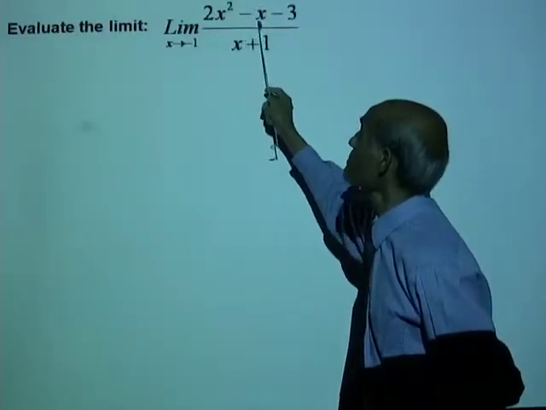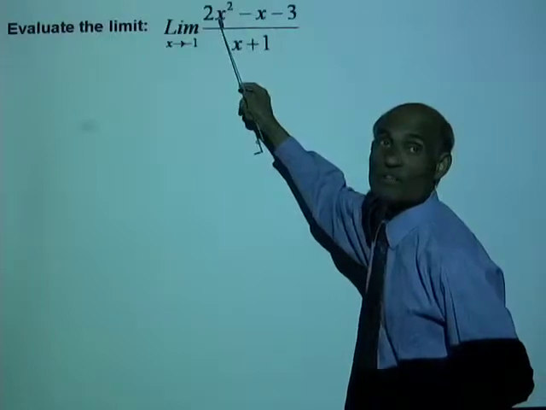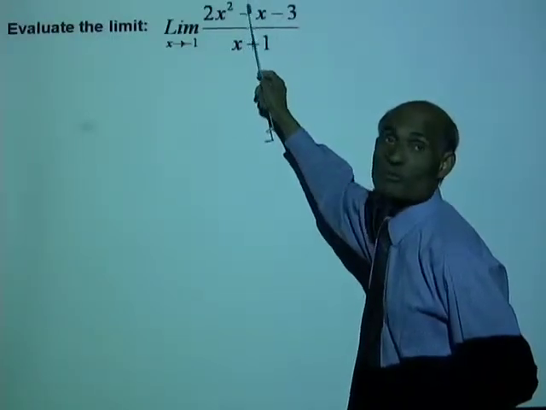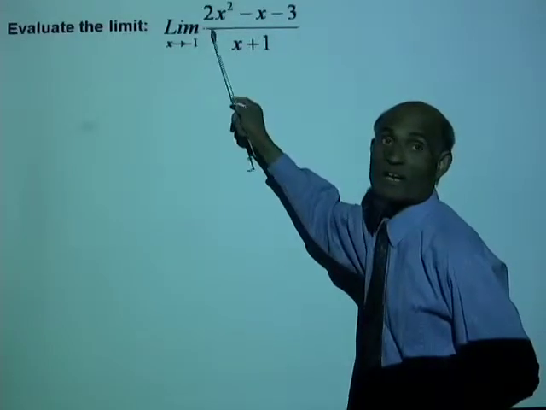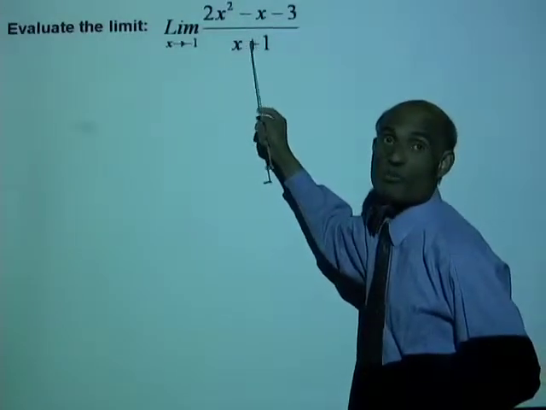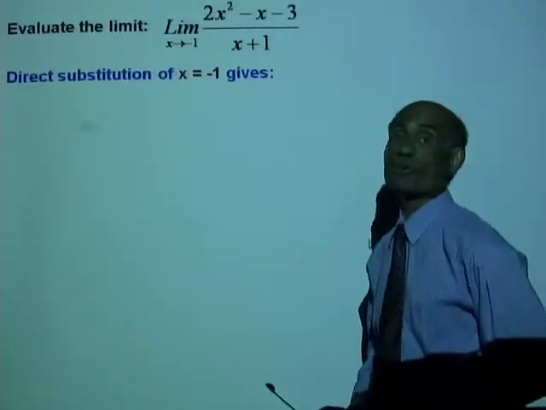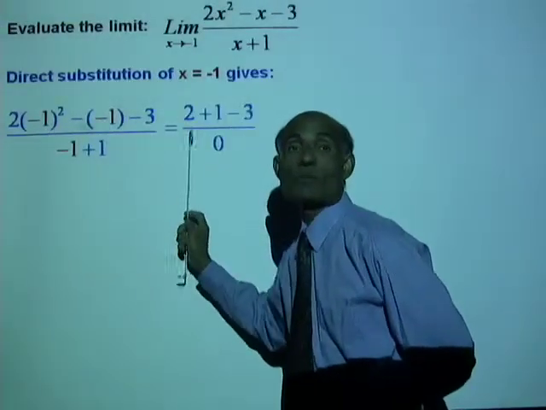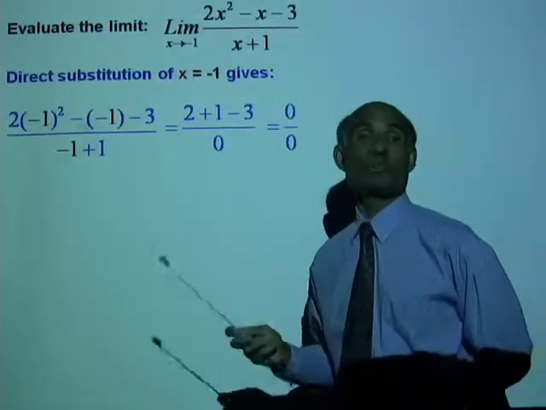And minus negative 1 will be positive 1. 2 plus 1 is 3. 3 minus 3 is 0. So the numerator becomes 0. And with x replaced by negative 1, the denominator is also 0. So the numerator and the denominator are both 0.